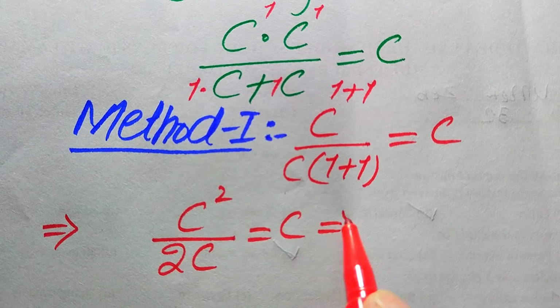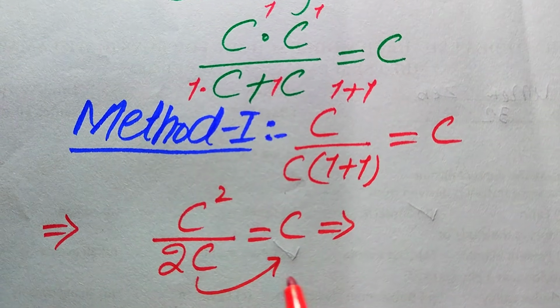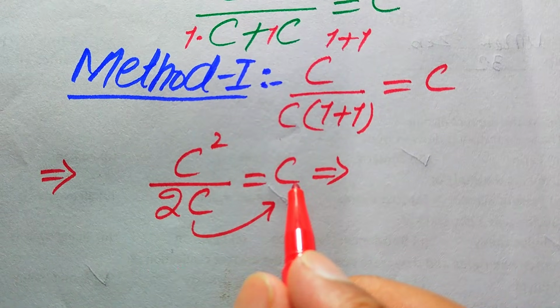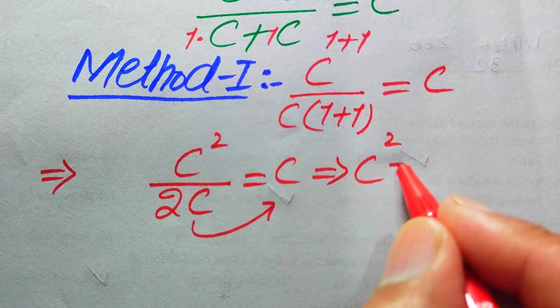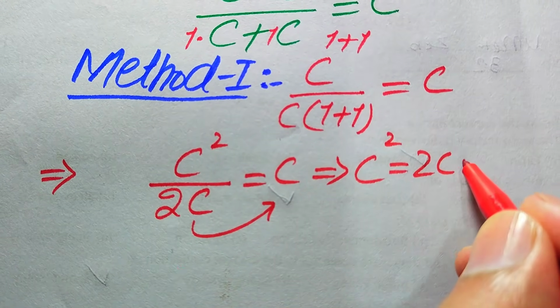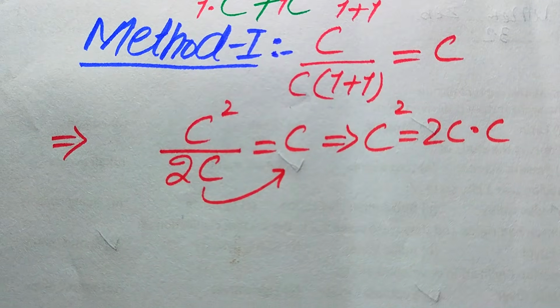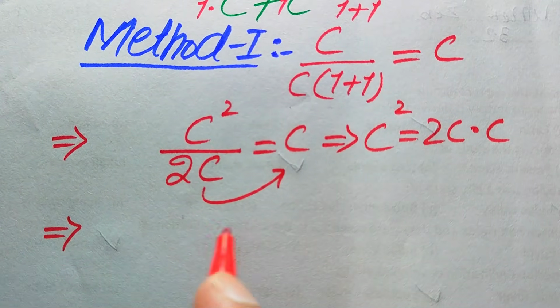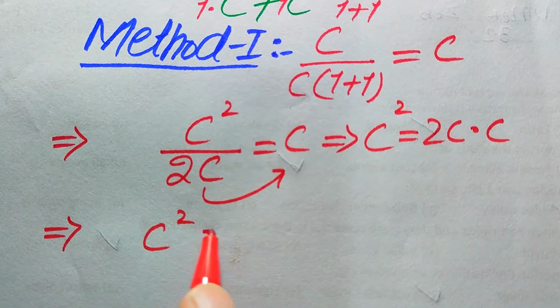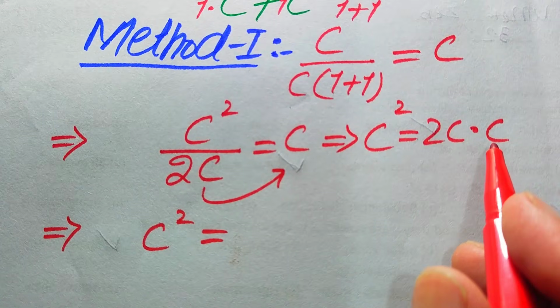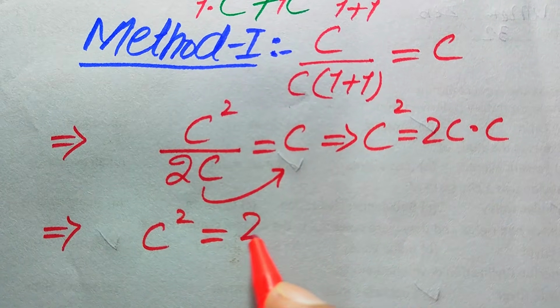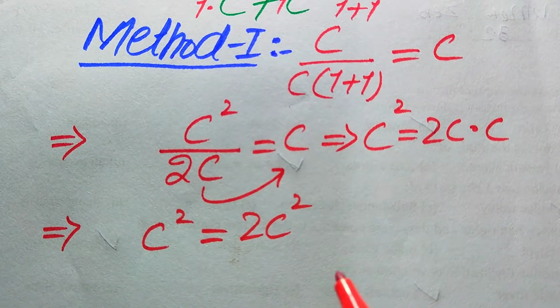So further in the next step, we need to move the term 2c to the right hand side, and we multiply this 2c with c, and we get c square is equal to 2c times of c. And now further in the next step, we have c square equals to 2c multiplied by c becomes here 2 times of c square.